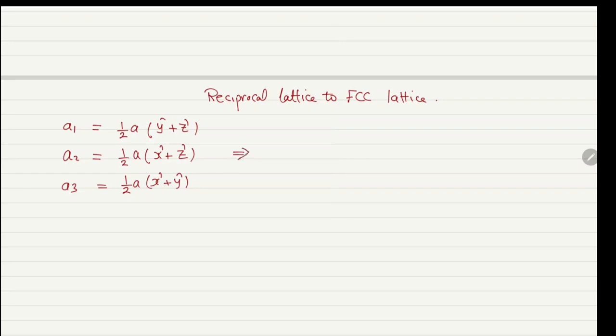And the volume of the primitive cell in real space, V equal to a1 dot a2 cross a3, all vectors by the way, equal to a to the power 3 over 4.